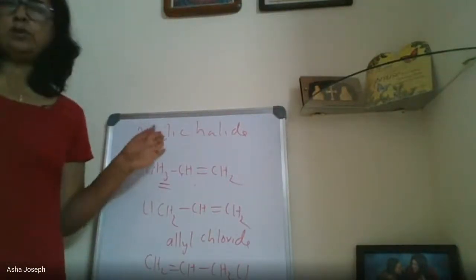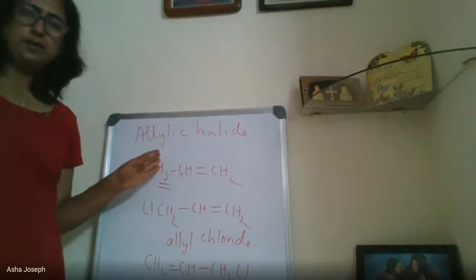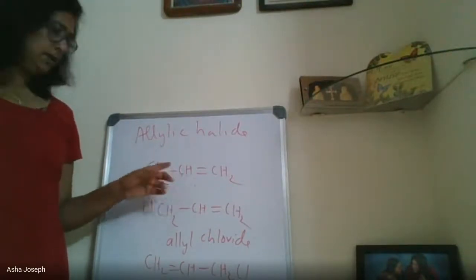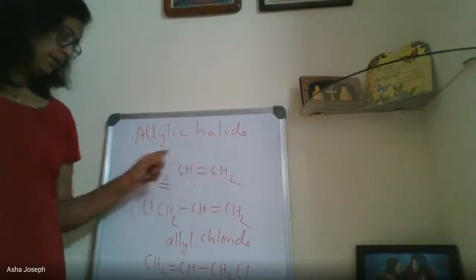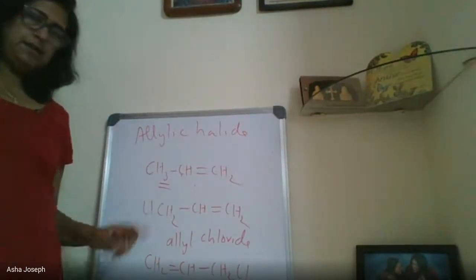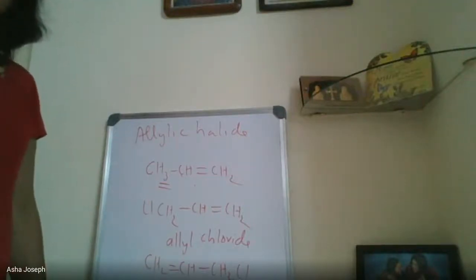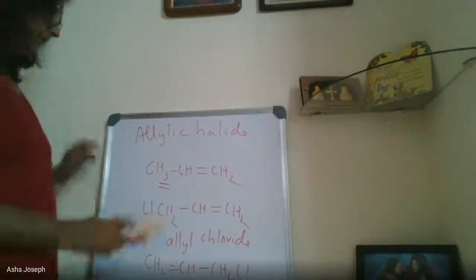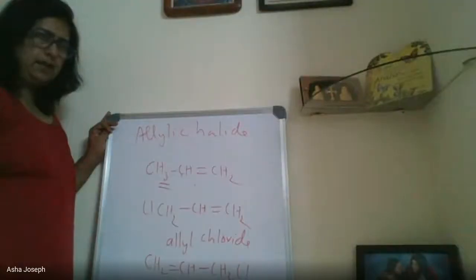If you do not remember allyl chloride, you can write propene, and the hydrogen of CH3 is replaced by chlorine. It is allyl chloride. So, ma'am, for that compound to be allyl, there should be a double bond. Yes. Allyl, vinyl, and all, a double bond will be there.